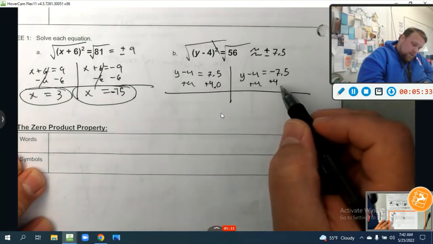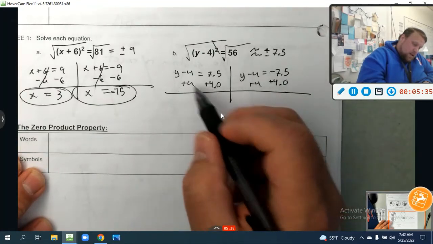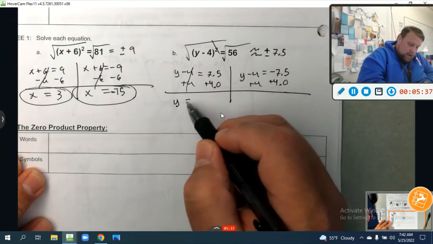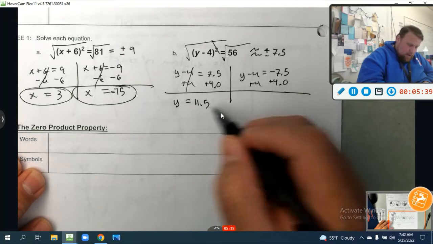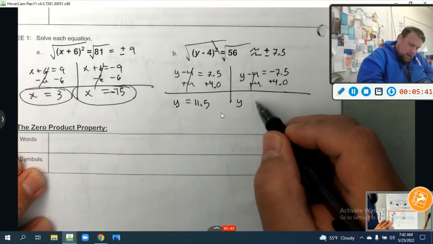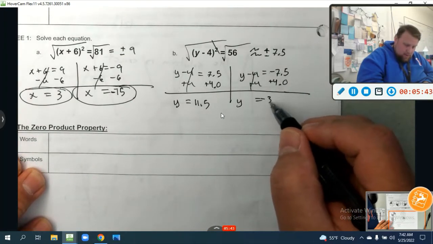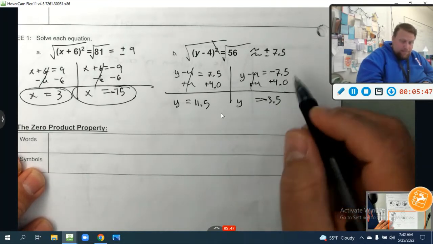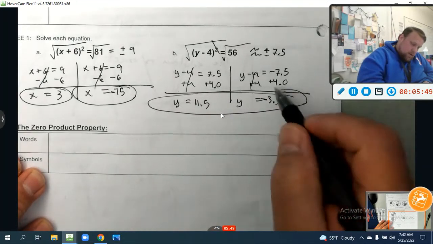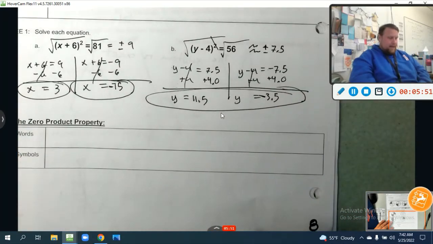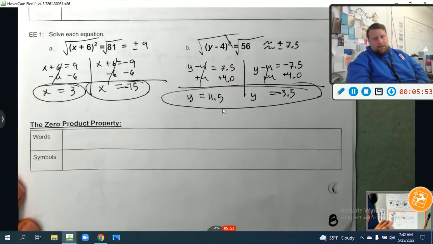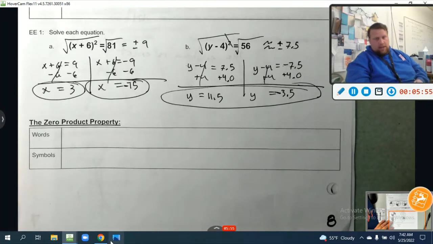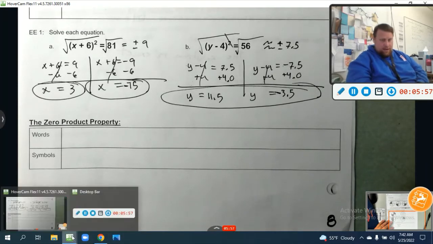You can always put a 0.0 if that helps you. So that's going to be y equals, what, 11.5? And this is going to be y equals negative 3.5. Make that negative more prominent. So those are our choices. Okay? Awesome. Let's go take a look at the zero product property.